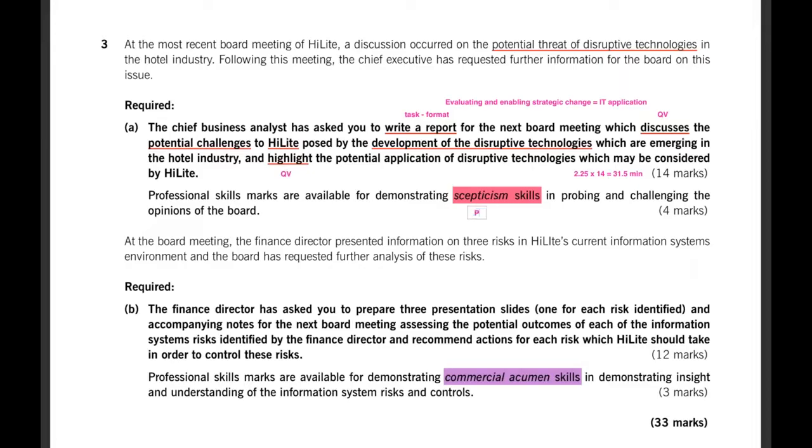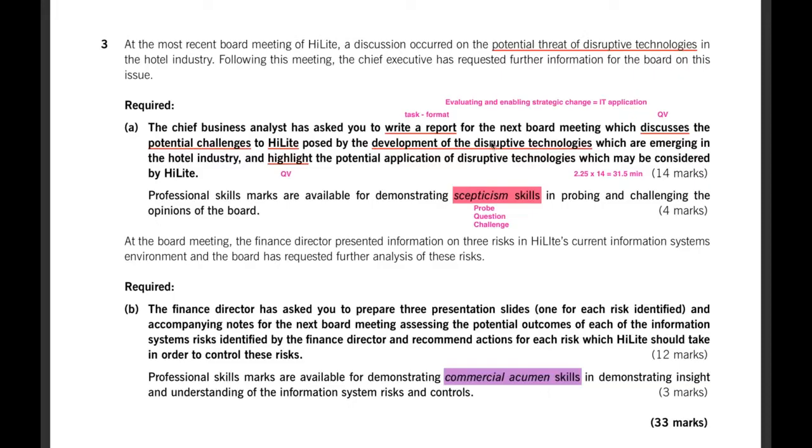So that will be question and challenge. All right. So did I miss anything? So your syllabus area is here. So this is related to your IT application, right?